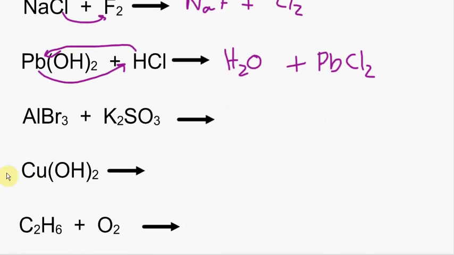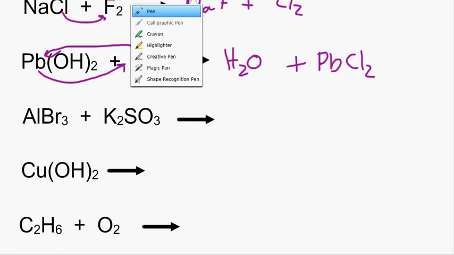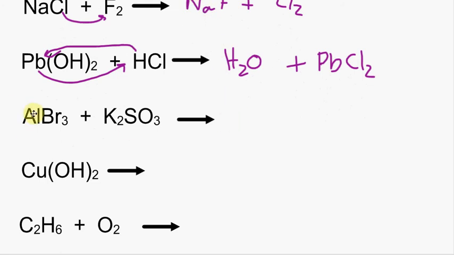Next type of reaction is a double replacement reaction. And in a double replacement reaction, we have the aluminum and the potassium that are going to change positions here. The aluminum is going to replace the potassium and bond with the sulfite.